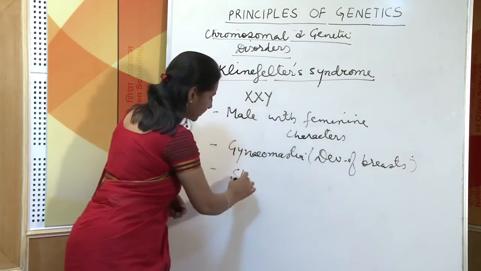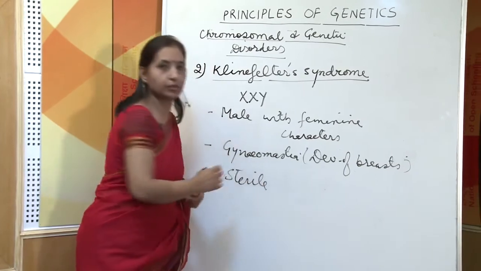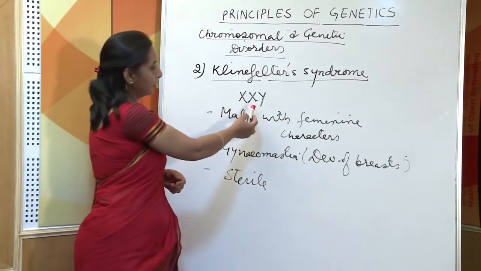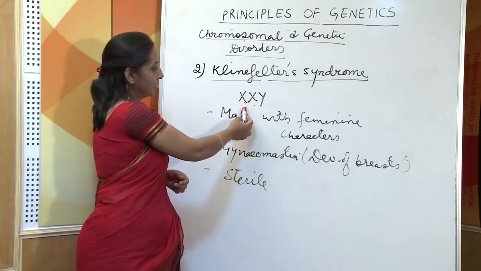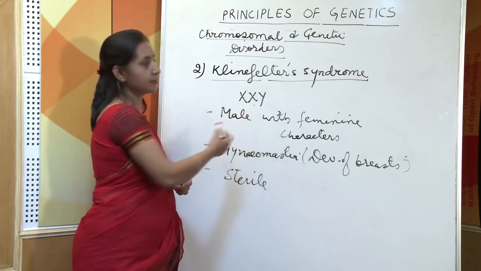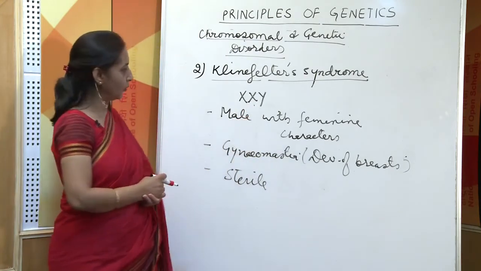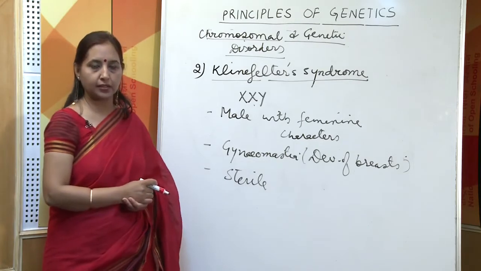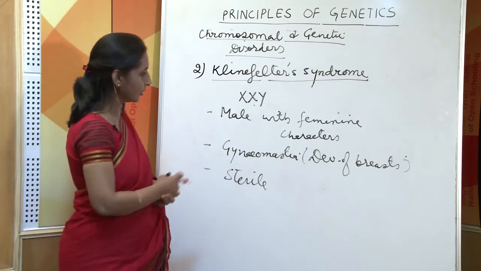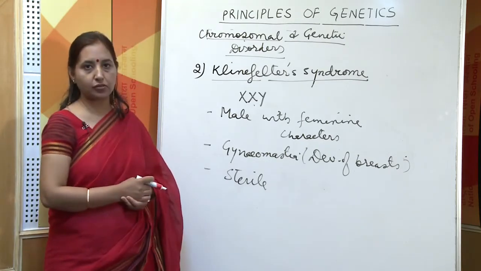And such males are sterile, that is, they are not able to reproduce. So, due to an extra chromosome in XY, that is XXY, there is Klinefelter syndrome, wherein the male has feminine characters, is sterile and has development of breasts.